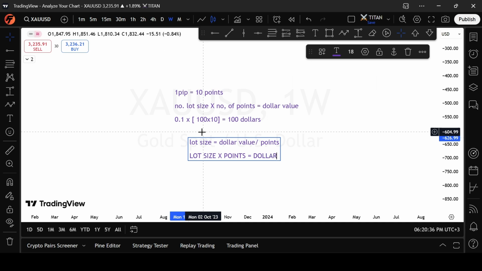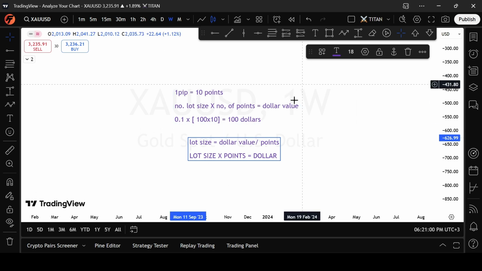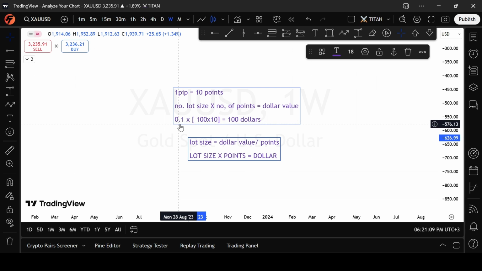In the event that you need to make $10,000, and you're only looking for a 100 pip movement, you're going to have to switch your lot size from 0.1 to, let's say, 10.